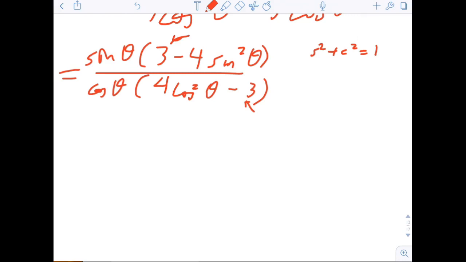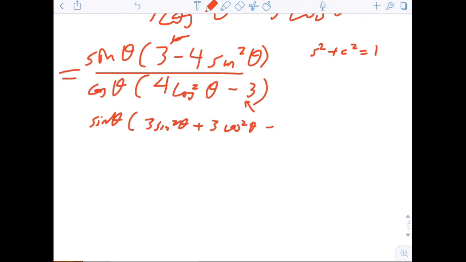So instead of negative 3, we're going to put negative 3 times sine squared plus cosine squared. And instead of positive 3, we're going to put 3 times sine squared plus cosine squared. So here I'm going to rewrite this one. It's going to be sine theta times (3 sine squared theta plus 3 cosine squared theta).